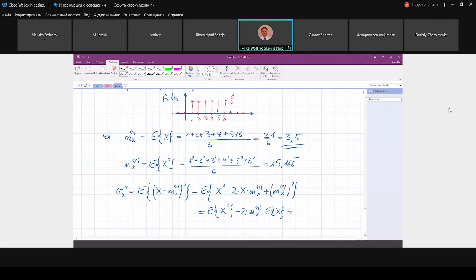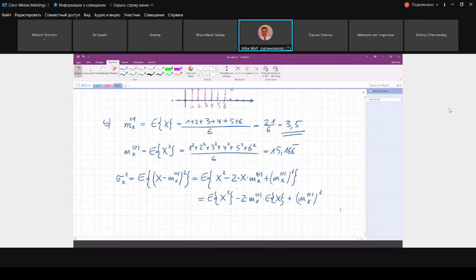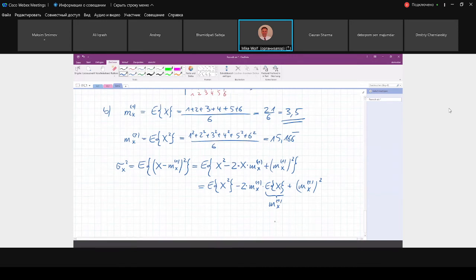Plus mx1 to the square. And now the question is, what is this expected value of x? It's the first moment again, mx1. So here we have mx1 times mx1, and this is mx1 to the square. It's the first moment to the square.